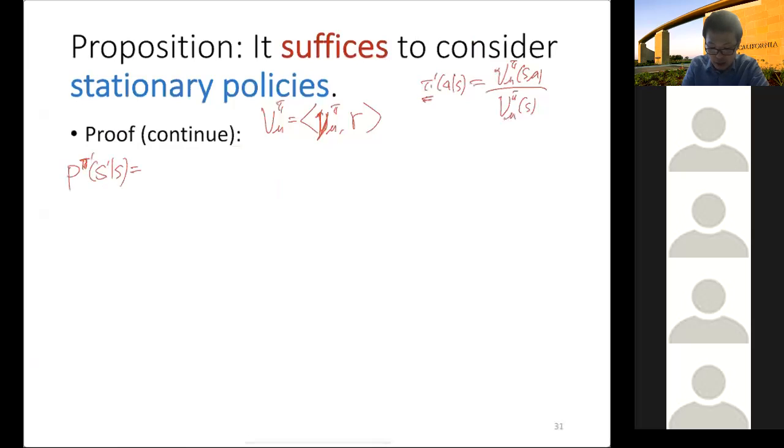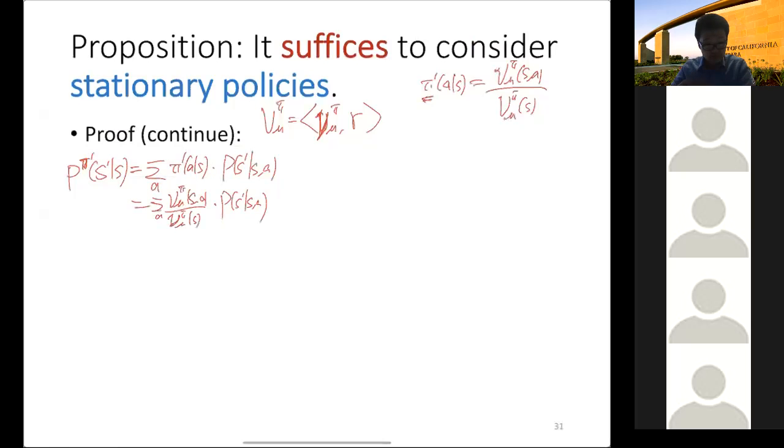By definition this is equal to the sum over A of pi prime(A given S) and P(S prime given S, A). If we substitute the definition of pi prime, we get nu(S, A) over nu^pi(S) multiplied with P(S prime given S, A). So we are now starting to relate this to pi.